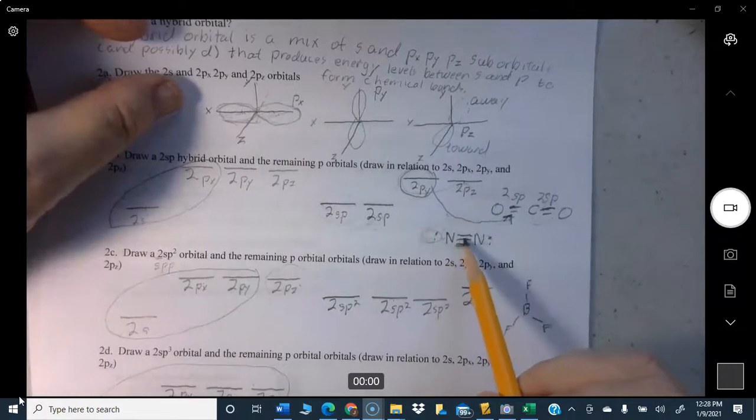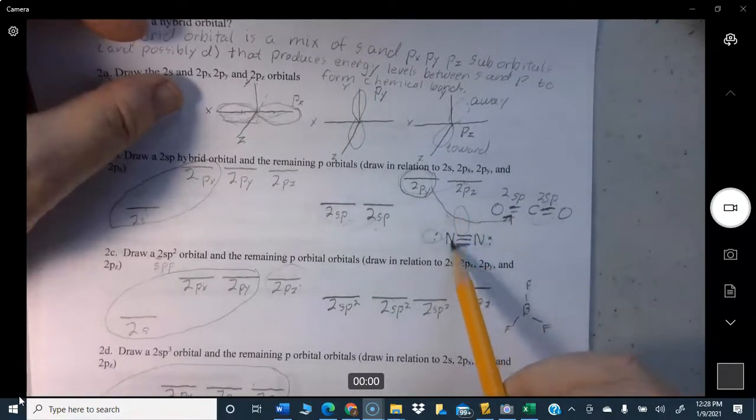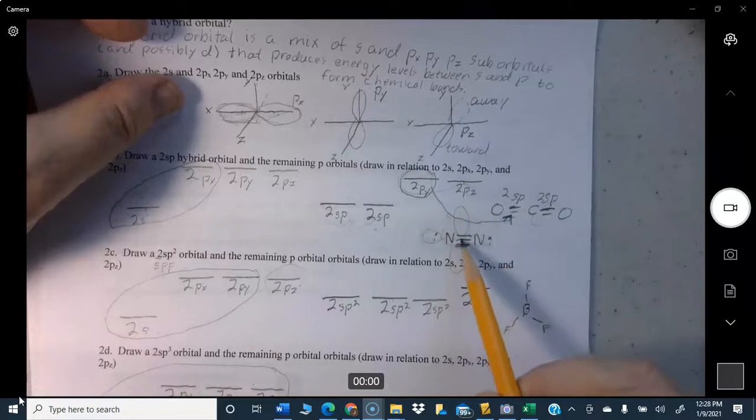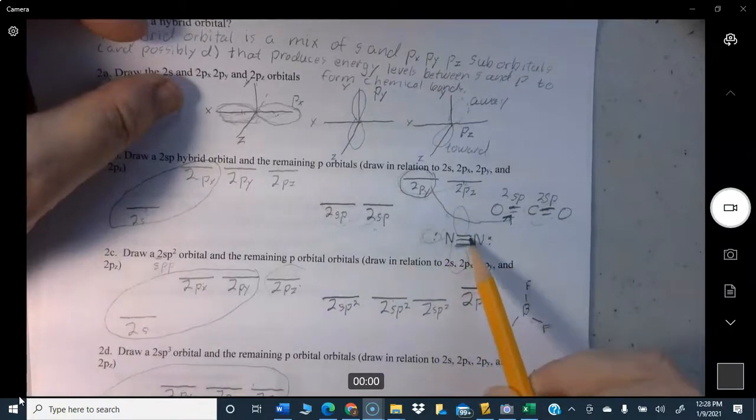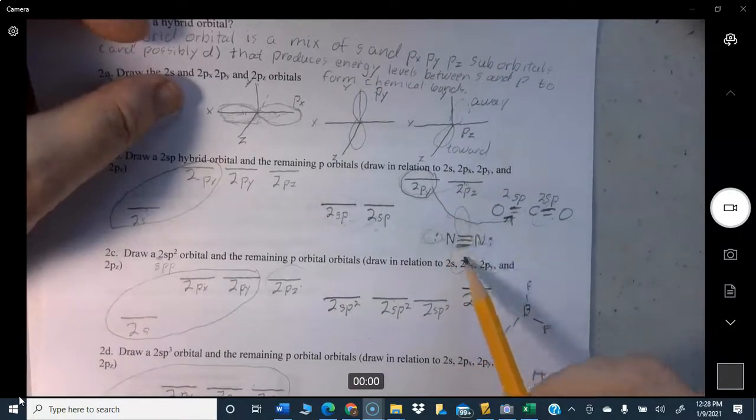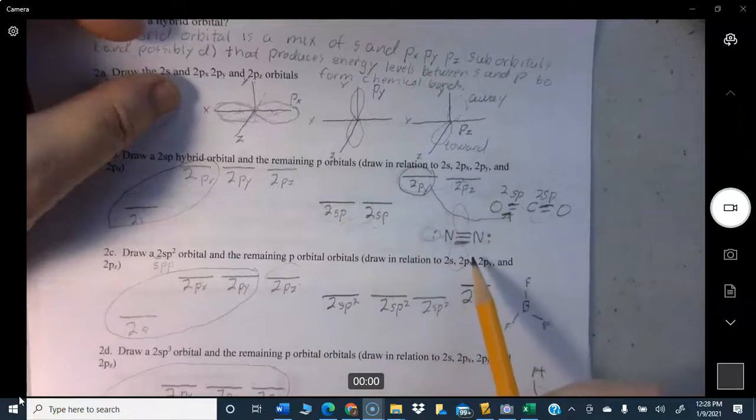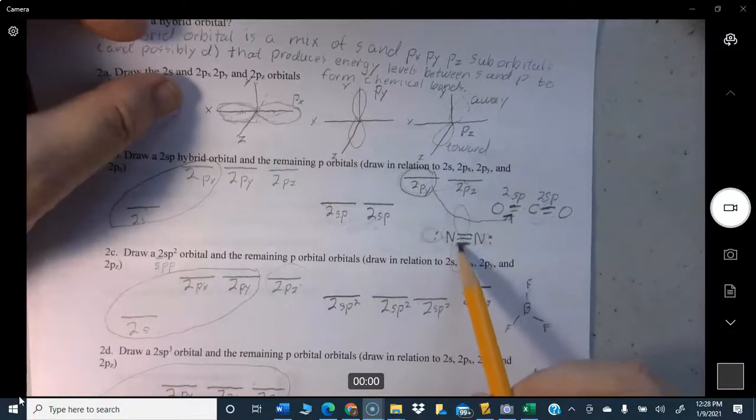The 2py's would be sticking up and down like this, and the 2pz would be coming out of the page towards you and going back away from you. That's where those two extra p orbitals would be. So one of the three bonds is a sigma bond.